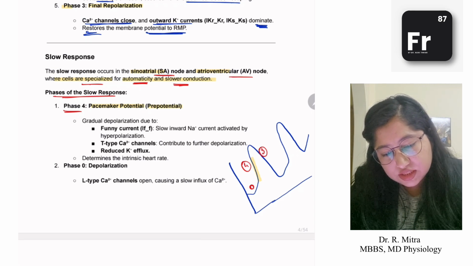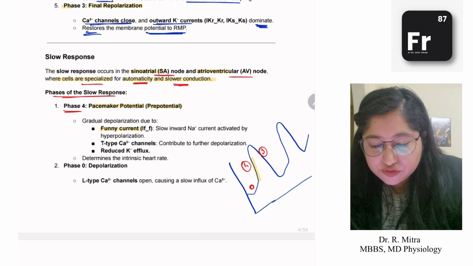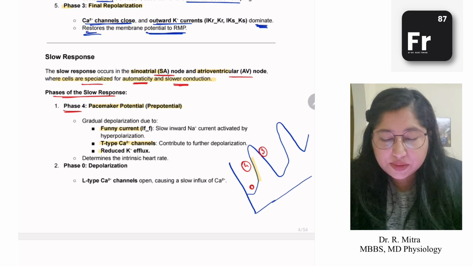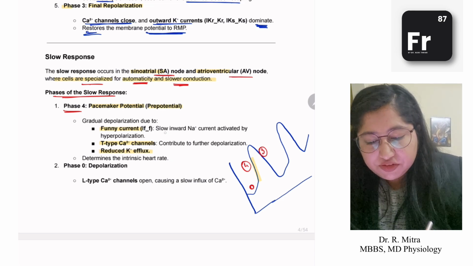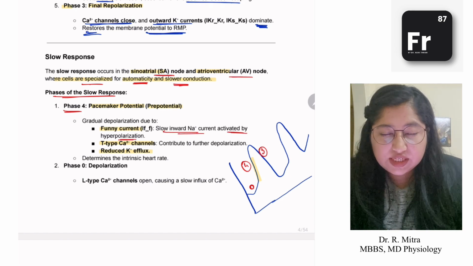There is gradual depolarization. The funny currents, because of T-type calcium channels or the transient type calcium channels, and the reduced potassium efflux. The funny currents are slow inward currents which are activated by hyperpolarization.